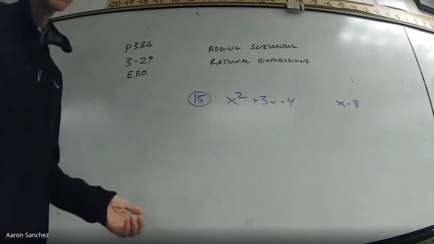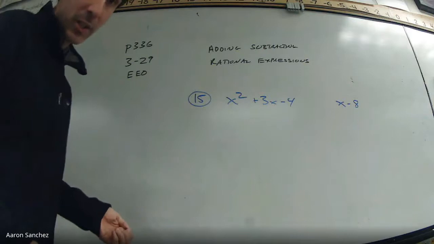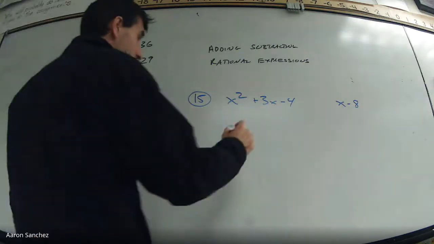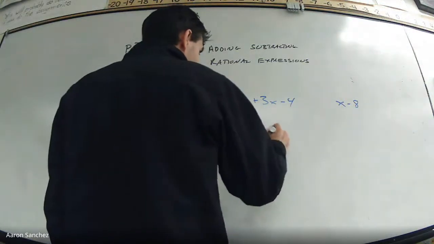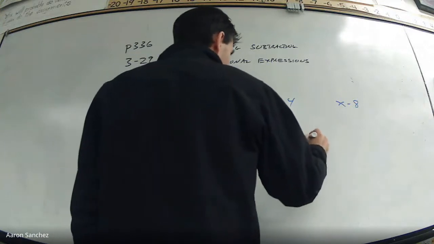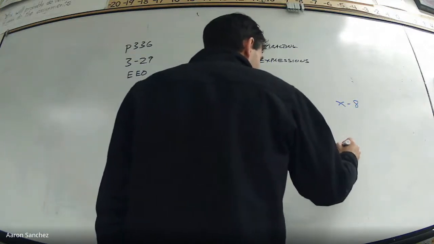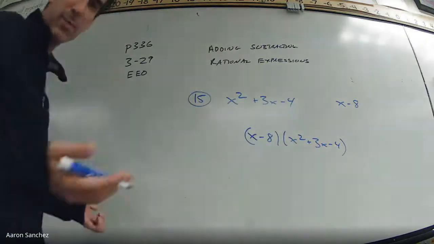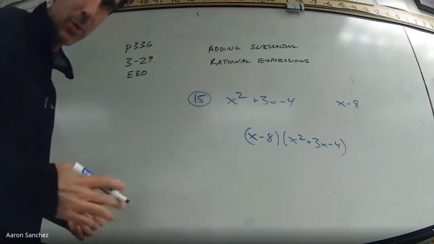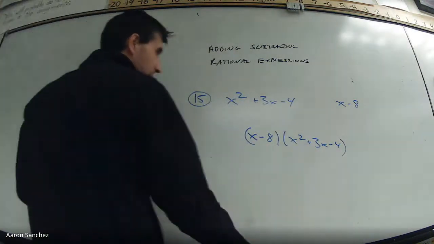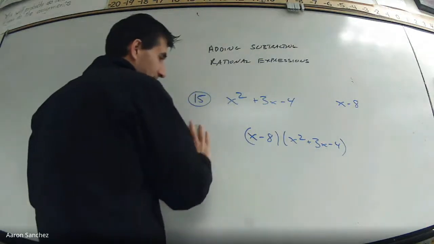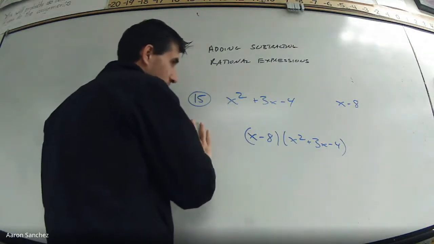Now, you could say this, but this isn't the least. Ready? You can say it's x minus 8 times x squared plus 3x minus 4. That might be one, because you just multiply them together, right? Sometimes we get the least common multiple and multiply them together. But before I do that, let us see. So it might be that.